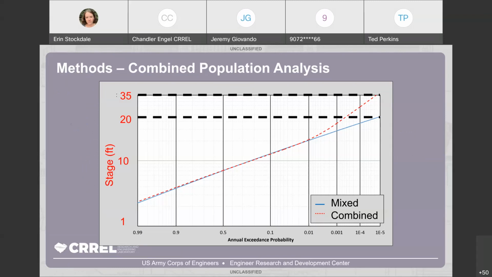Being able to account for that is really important when you're trying to make reasonable estimates out on the tails of the distribution. When you have more rare events, it can be really important to get the mechanisms correct on what forced those peak stage events to occur.